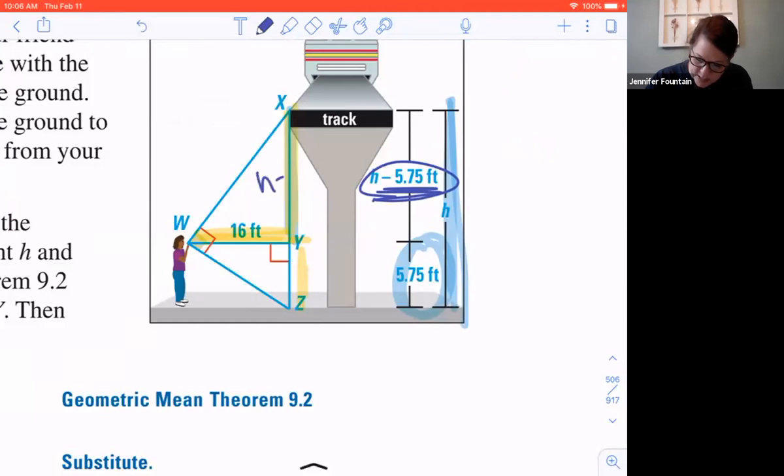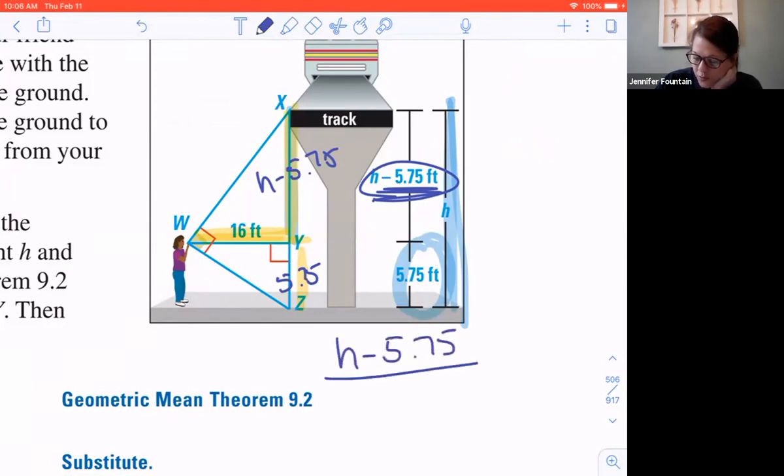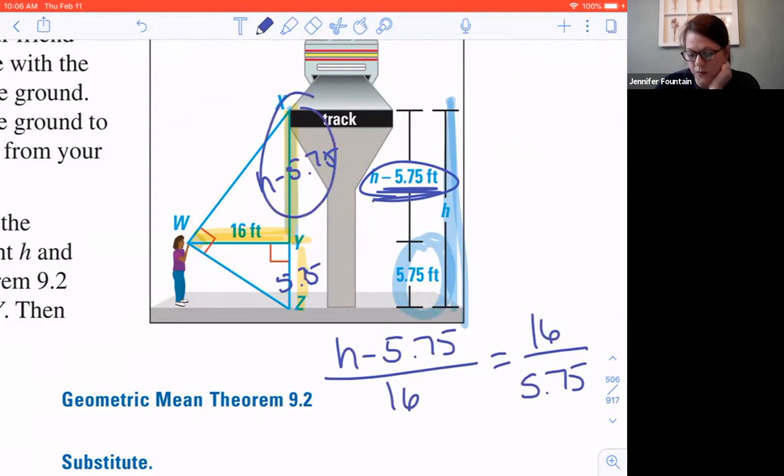Okay, so remember, we looked at that and said, so that means this is going to be H minus 5.75, and this one is 5.75. So therefore, I can have H minus 5.75 over 16 is equal to 16 over 5.75. Segment over altitude equals altitude over segment.